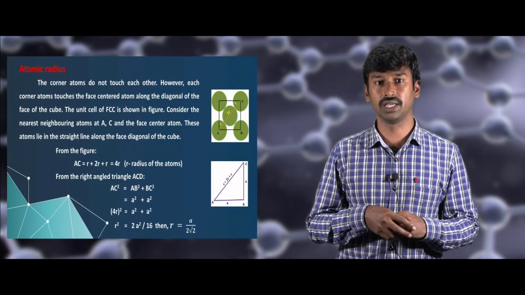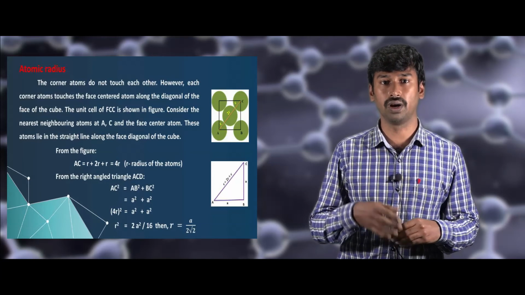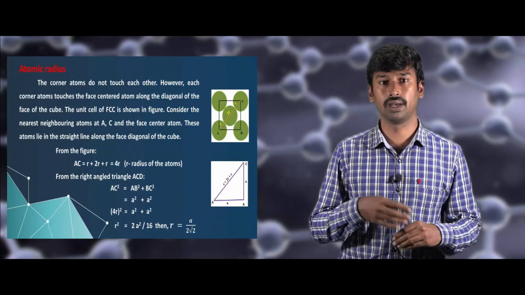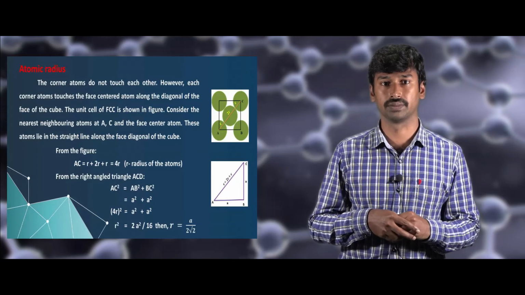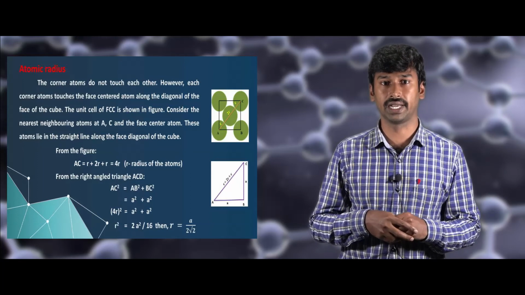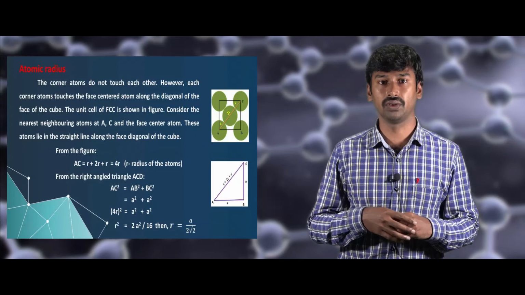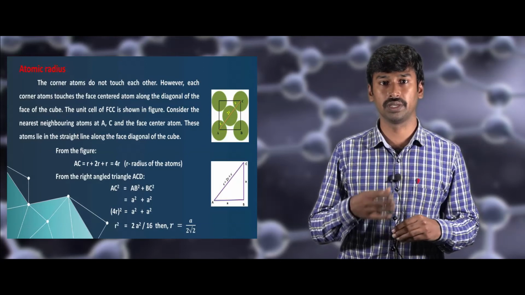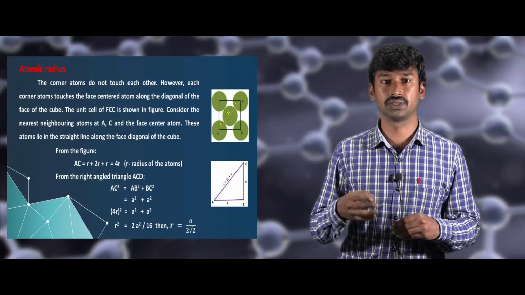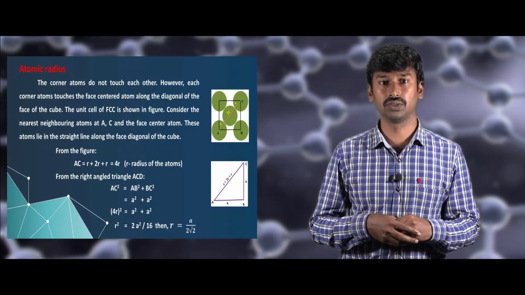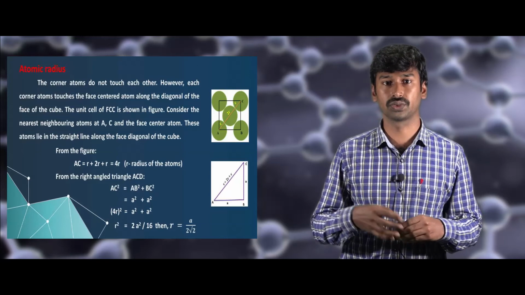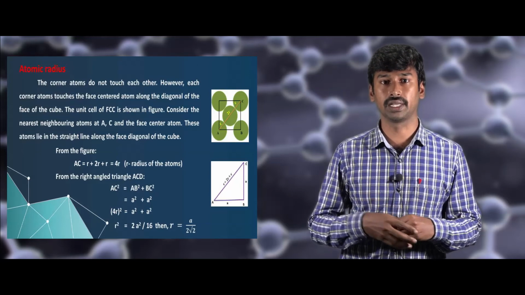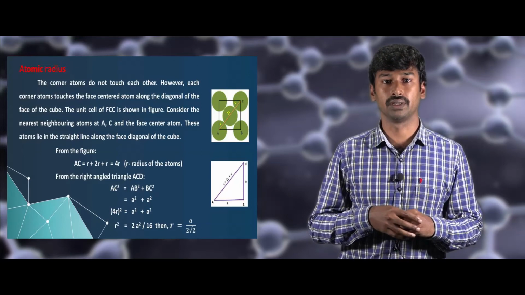Hence, from this figure, AC is given by R plus 2R plus R, that is 4R, where R is the radius of the atom. Then from this right angle triangle ABC, we have AC square is equal to AB square plus BC square. Then we substitute the values and simplify. We have R square is equal to a square by 8. Then the atomic radius is given by a divided by 2 root 2.